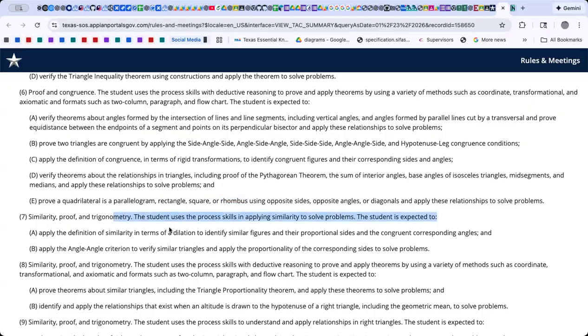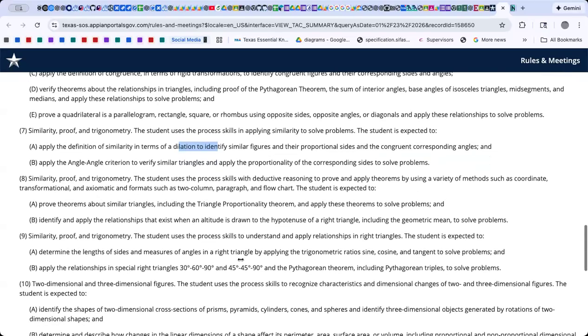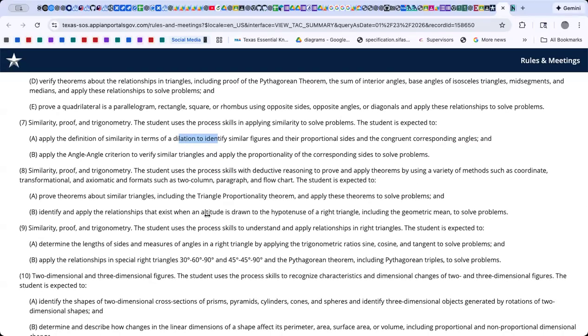Now similarity and congruence is what we did together. This is where dilation from a point that's not the origin becomes very important. Then we did the triangle proportionality theorem. Hey, did we do geometric mean? I don't think so.